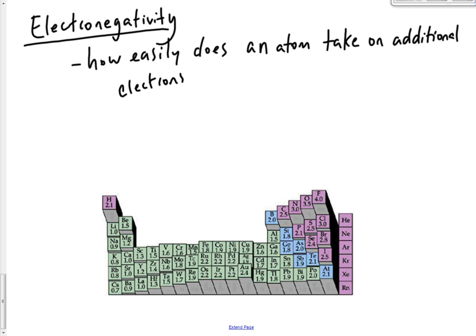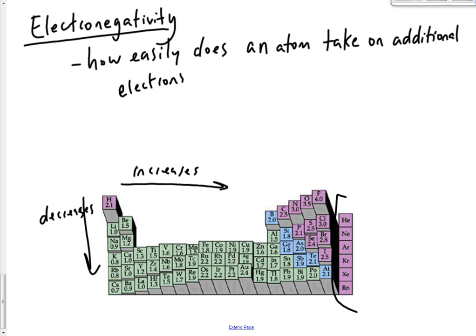Okay, so this is kind of similar to ionization energy. Okay, and the trend. So the trend again increases going left to right and decreases going down. The only difference is right here.